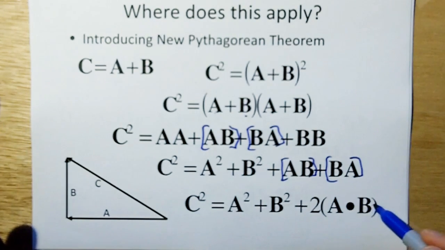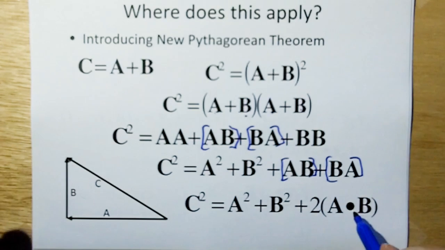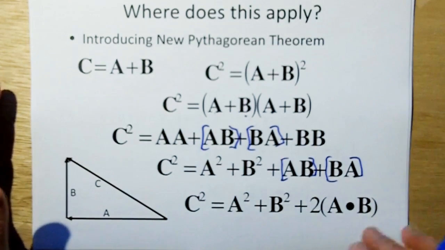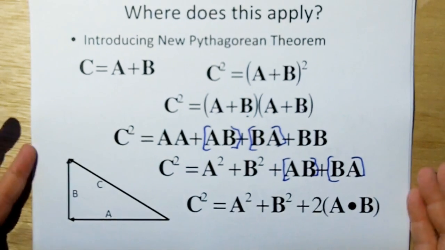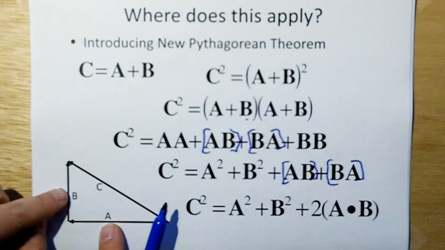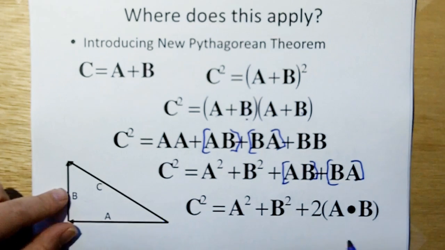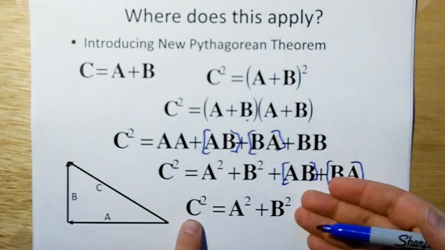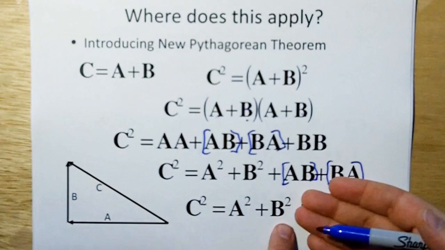Because A dot B is a scalar matrix, we're going to show it in regular dot product form rather than the matrix form, because we can do that. Now what we learn is that if A and B are perpendicular, and we've learned from previous classes that when two vectors are perpendicular the dot product is 0, then you have the Pythagorean theorem: the hypotenuse squared is the magnitude of A squared plus B squared.